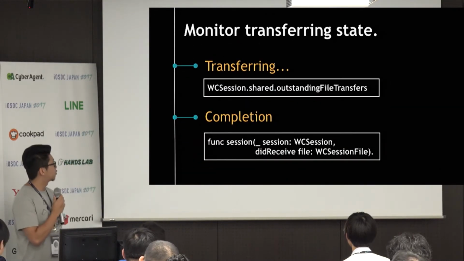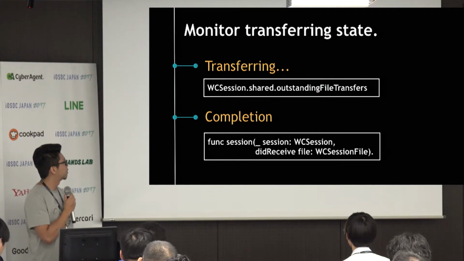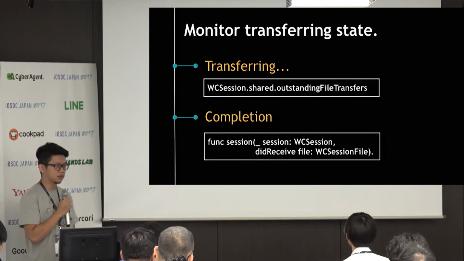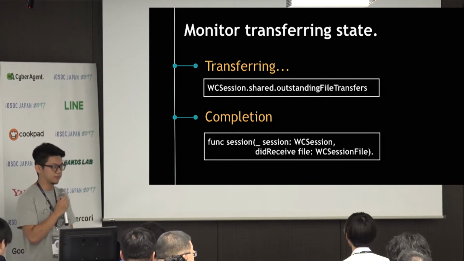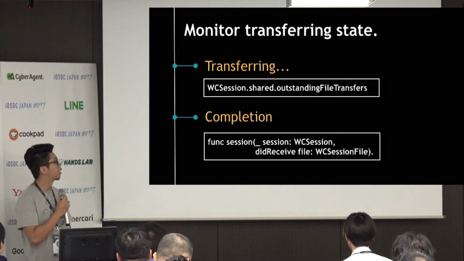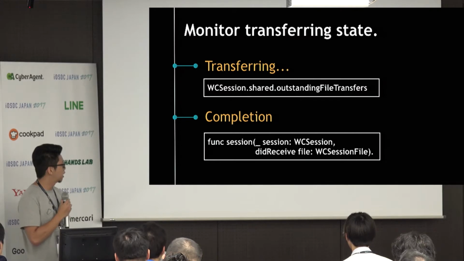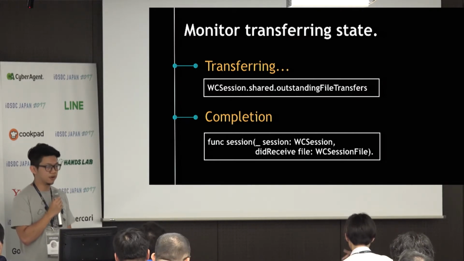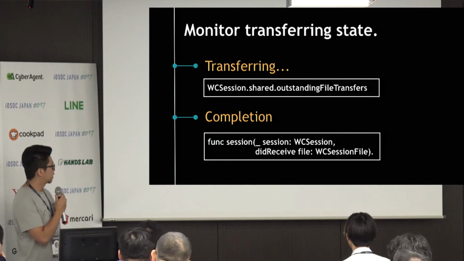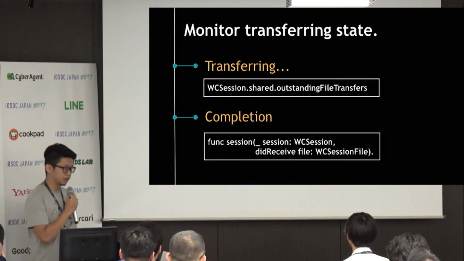I strongly recommend you monitor the transferring queue, which is called outstandingFileTransfers, because the communication may be unstable. And as soon as the file arrives on your Apple Watch, the delegate method, didReceive file, will be called.